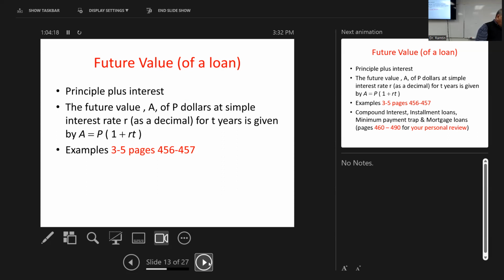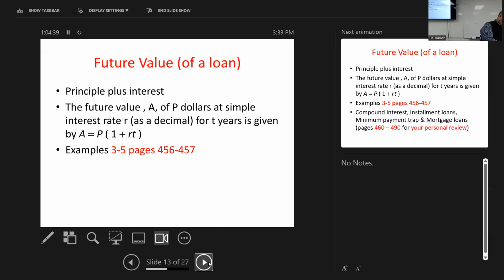Calculating future value. A loan of $1,060 has been made at 6.5% for 3 months. Find the loan's future value. So again, we use this formula: A is equal to P parentheses 1 plus RT.